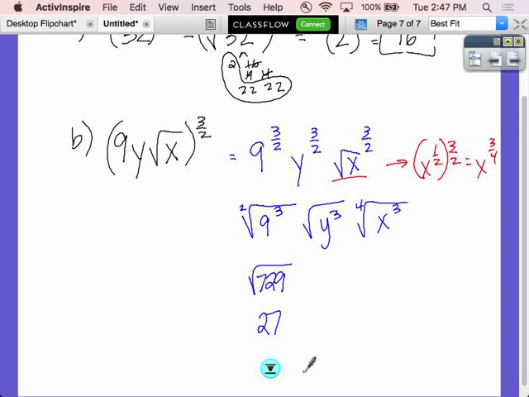I went too far because I didn't think about it. My original problem was given with a radical and an exponent. Is it going to look right to put a square root and then a 4th root right next to each other? No. So I'm going to go back and rewrite this as y to the 2/3, x to the 3/4, and call it a day.